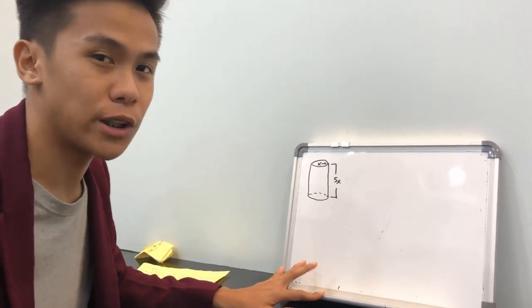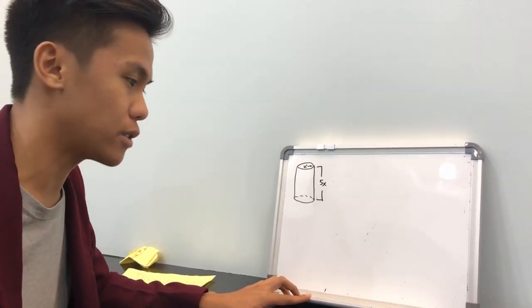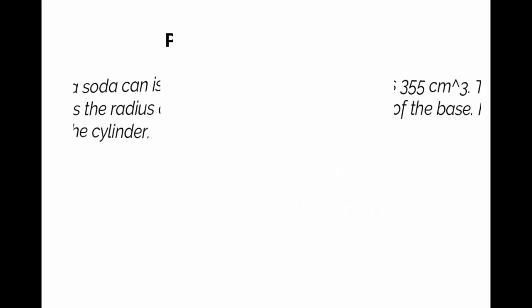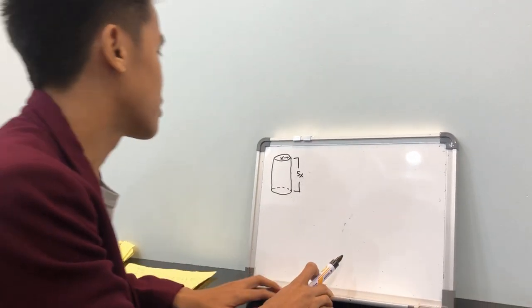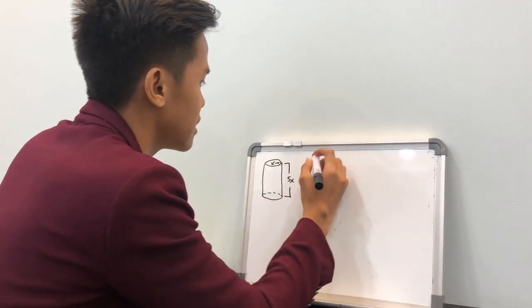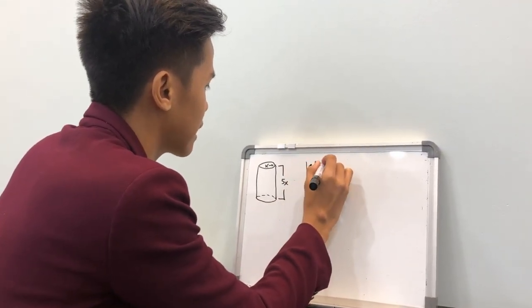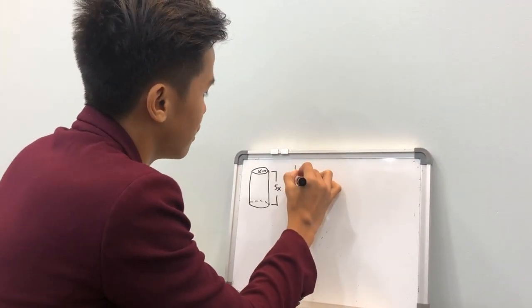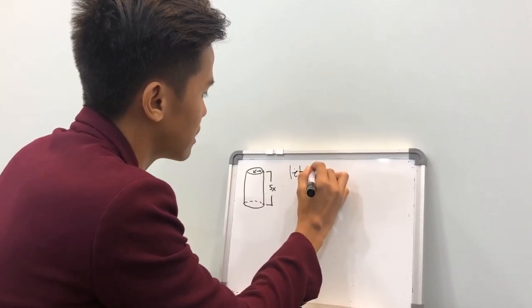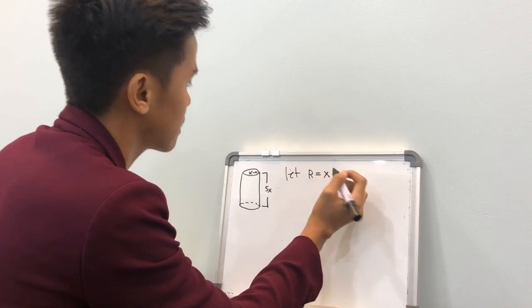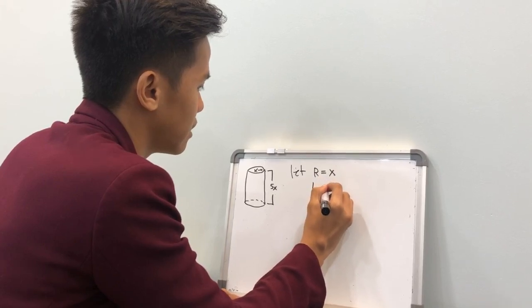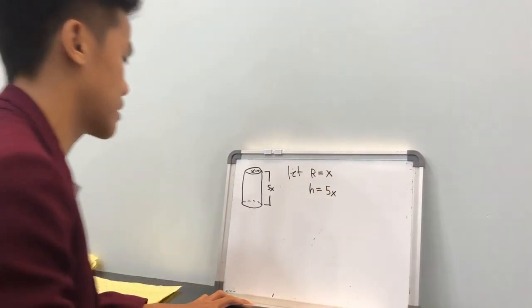This is problem 2 for modeling with algebraic functions. So we have a cylinder. Let's let the radius r equal to x, and let's let the height equal to 5x.